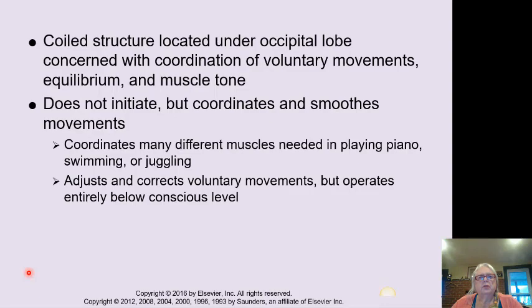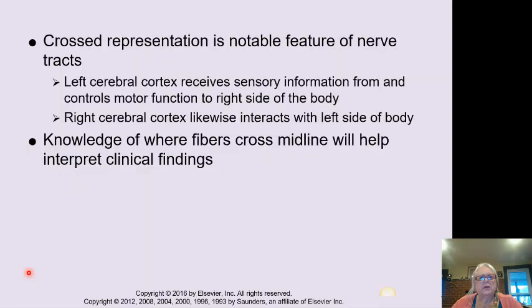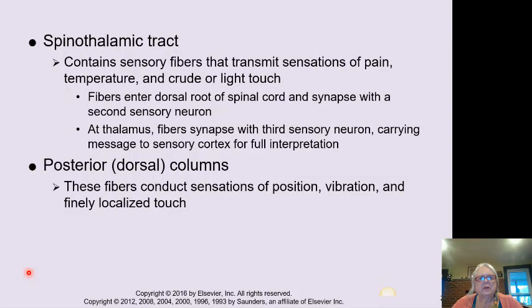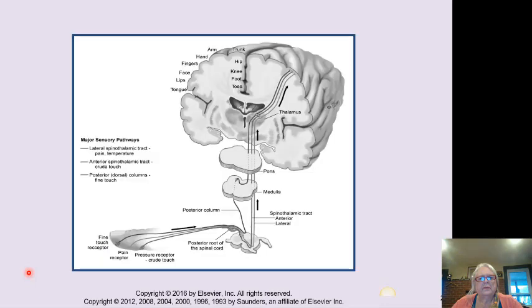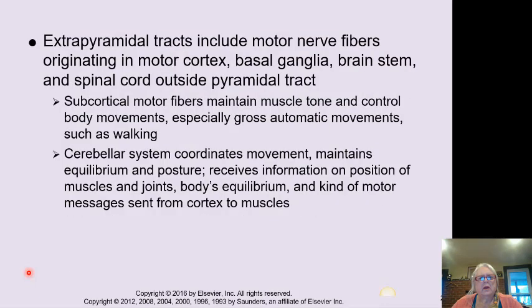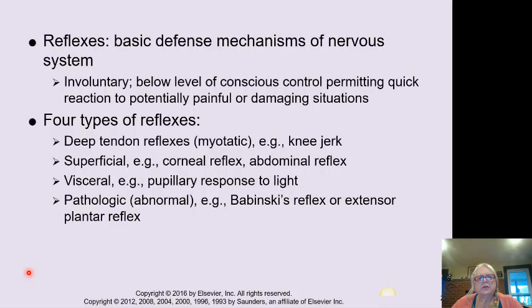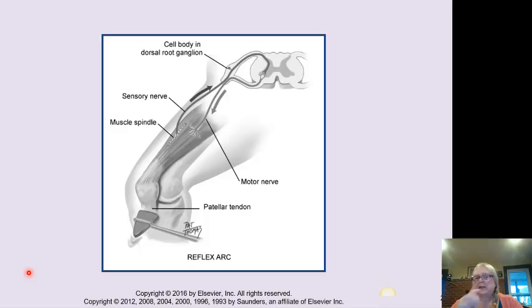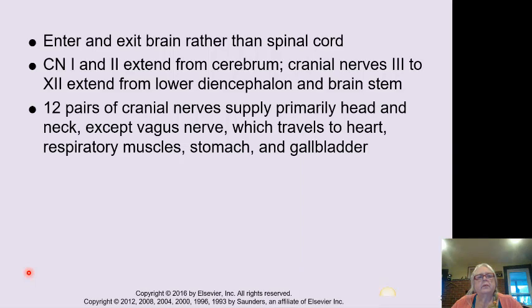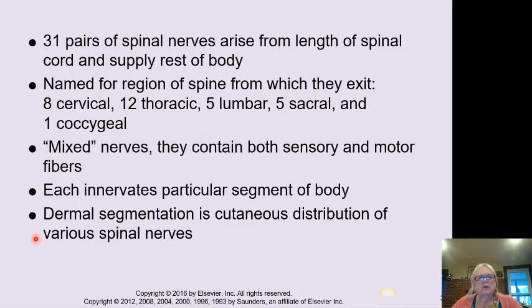If you ever do work with the brain, you'll get to know all of this. The neurons are just so important, and your reflexes. Cranial nerves, like I said before, we'll be getting all of these during your test. Spinal nerves.